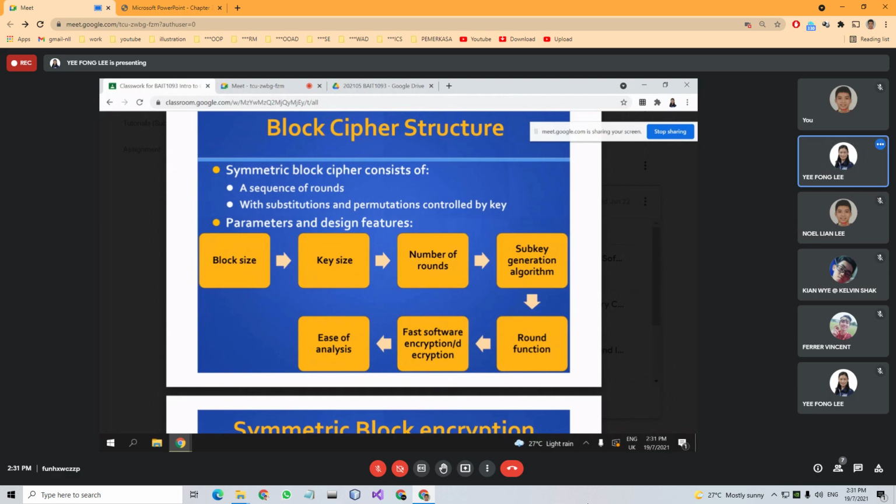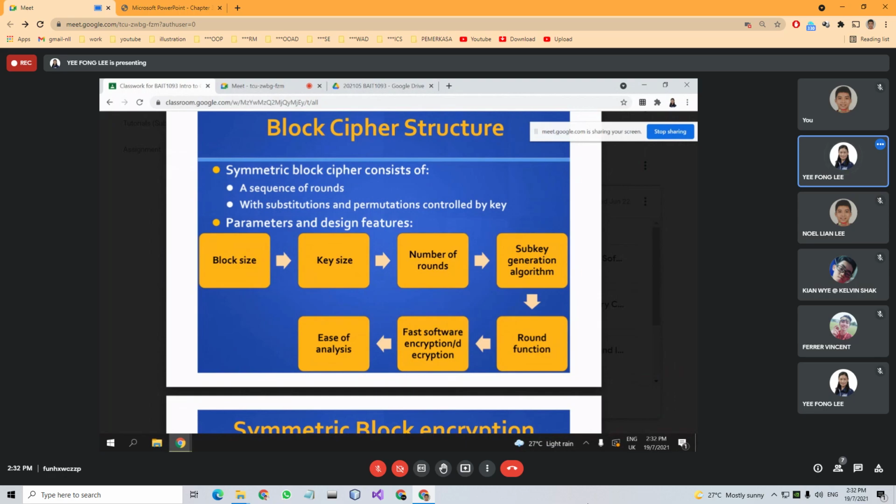Number of rounds: in a symmetric block cipher, a single round is not enough, as it gives inadequate security. With multiple rounds, the standard number is 16 rounds. Subkey generation algorithm: greater complexity in the algorithm makes cryptanalysis more difficult.